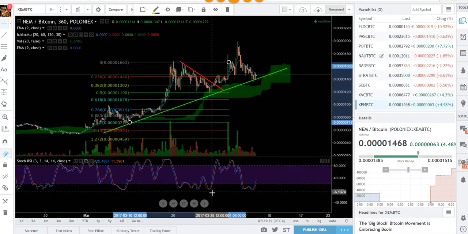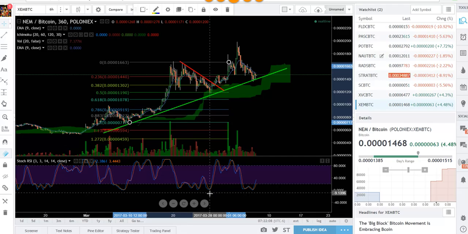Showing me that if it bounces right here on the 50% mark on the rising support on the cloud, we're going to get a 6-hour crossover of our strength right here. And that could very well be the push that we need to manifest another impulsive move up.